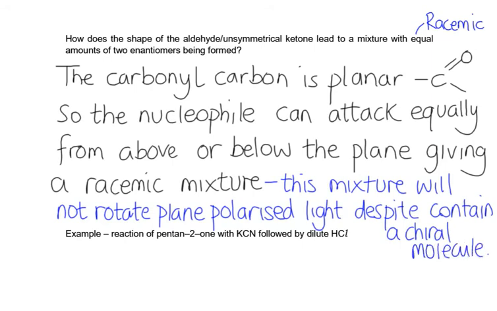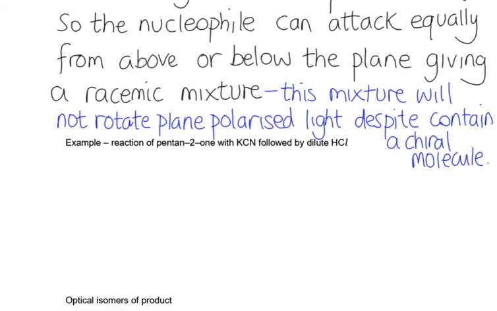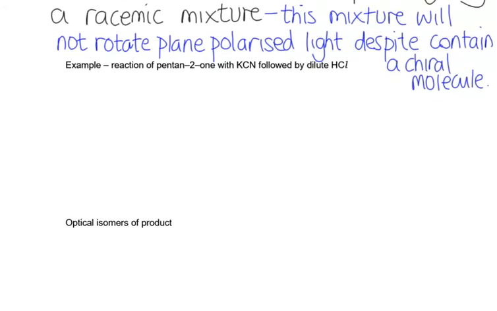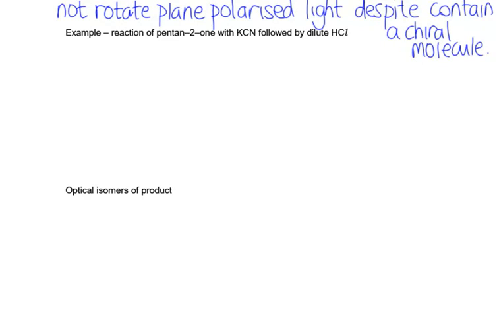So what I'm going to do is pause the video, have a go at that mechanism with pentan-2-one again, and draw me the two non-superimposable mirror image isomers of the product.